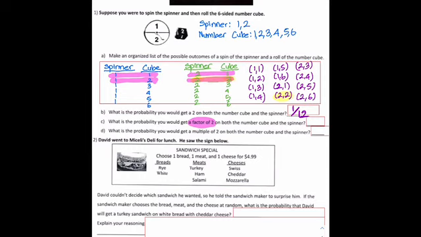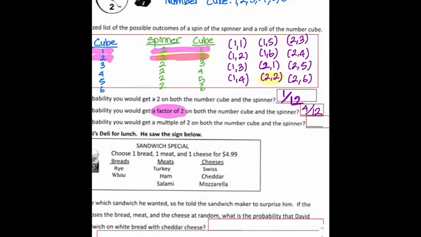So I see a total of 4 outcomes that would give us a factor of 2 on both the number cube and the spinner. So our answer would be 4 out of 12. You can simplify this answer to 1/3. Let's highlight this one. So our simplified answer is 1/3. Okay?